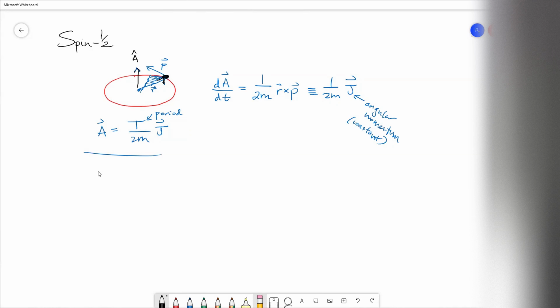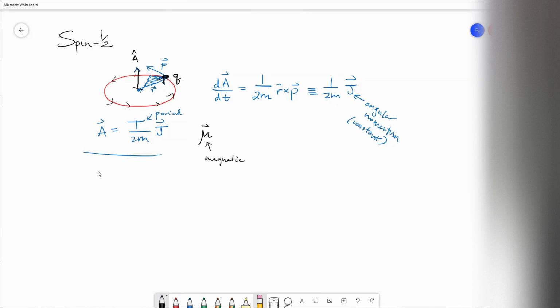So we can imagine this particle orbiting around. If it has a charge q, then you'll get a current due to this charged particle orbiting around, a loop of current. And from there you'll get, of course, a magnetic moment if it's a charged particle.